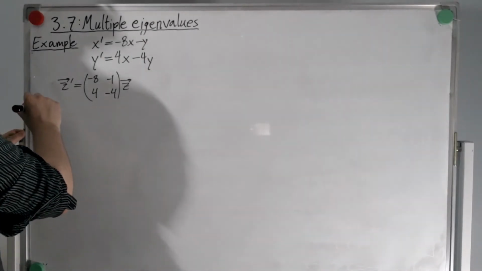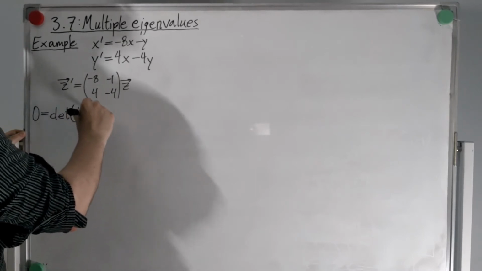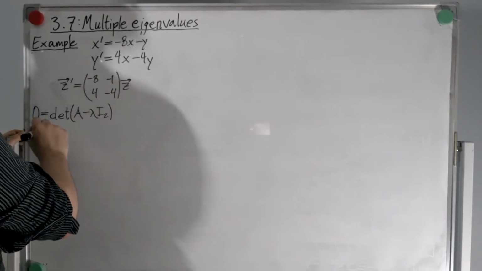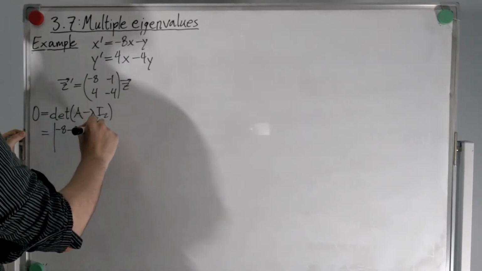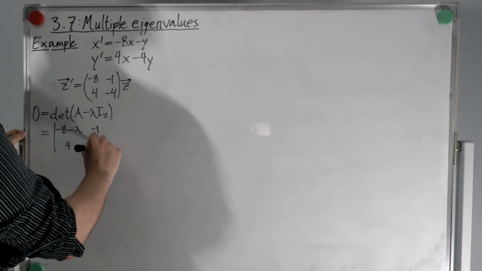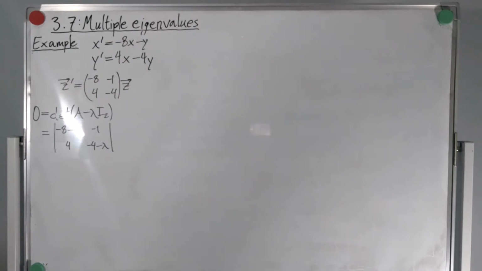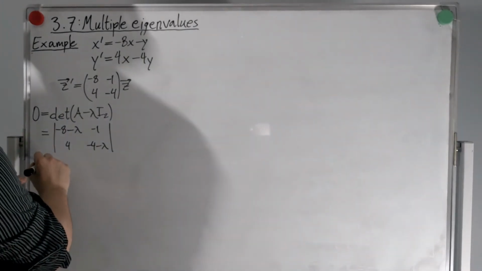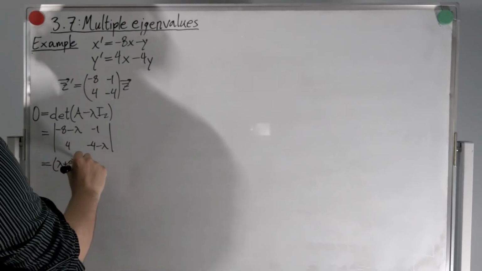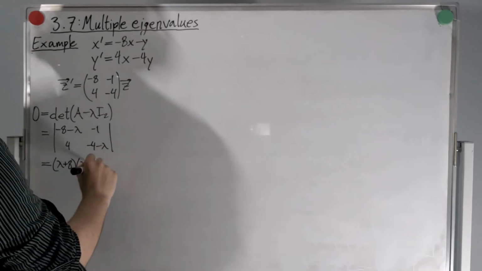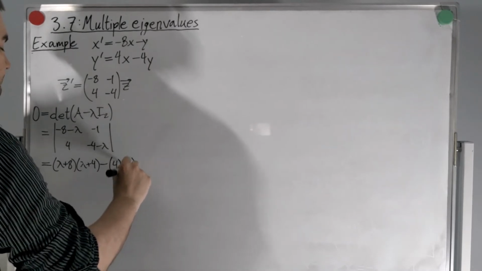We're looking for the eigenvalues, so 0 needs to be the determinant of A minus lambda I2. This is going to be the determinant of (-8 minus lambda, -1, 4, -4 minus lambda).